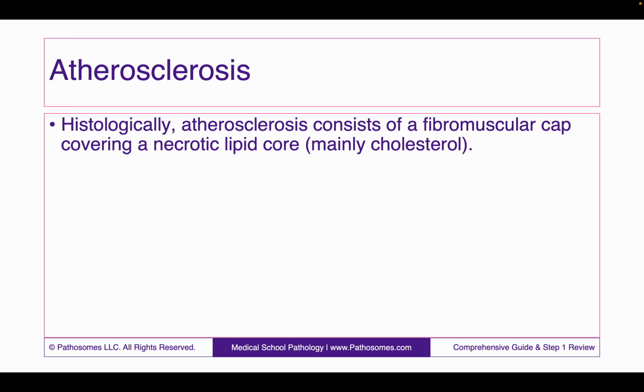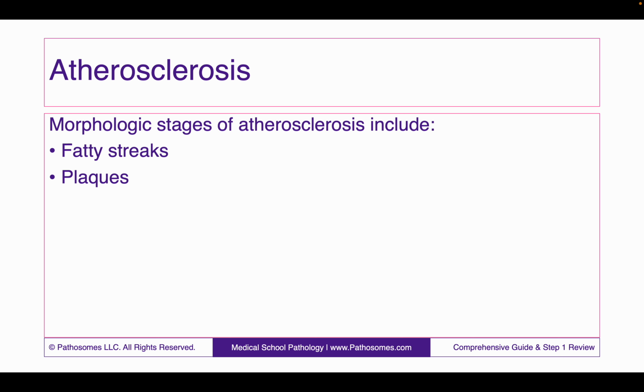Histologically, atherosclerosis consists of a fibromuscular cap covering the necrotic lipid core, which is mainly composed of cholesterol. The morphologic stages, as you know, of atherosclerosis include fatty streaks and plaques.